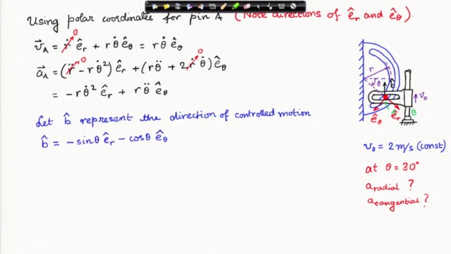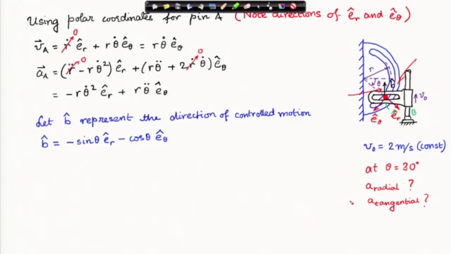Now, it is mentioned that this horizontal slot is moving up at a constant velocity of 2 meter per second. What I have done here is I consider this vector b cap, which is vertically upwards, shown by this black arrow. That is a unit direction vector, I represent it as b cap.